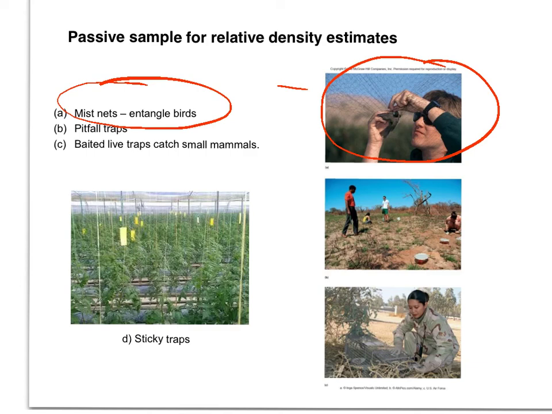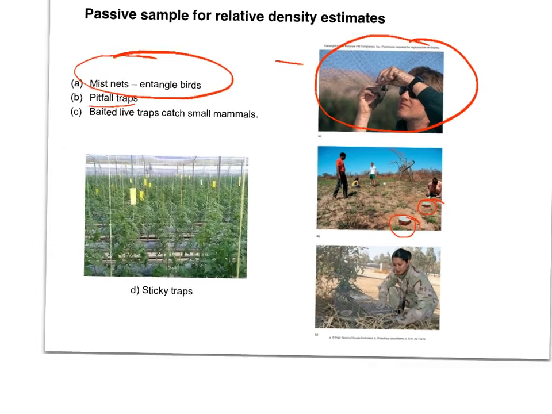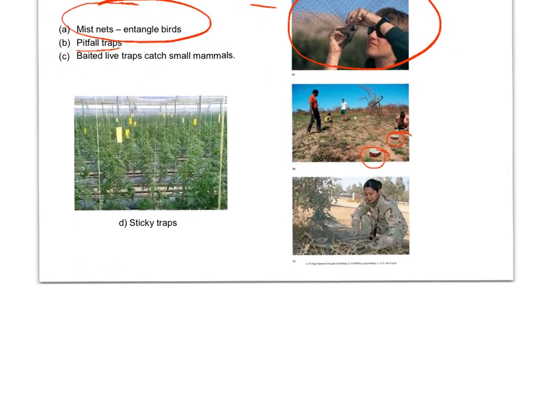Pitfall traps are basically just a way of putting a cup in the ground. Here you can see these little plastic cups. You can use metal coffee cans. With a pitfall trap, you dig a hole and put a little cup in it, and your poor little unsuspecting mouse or beetles or other kinds of ground-dwelling arthropods can fall in.